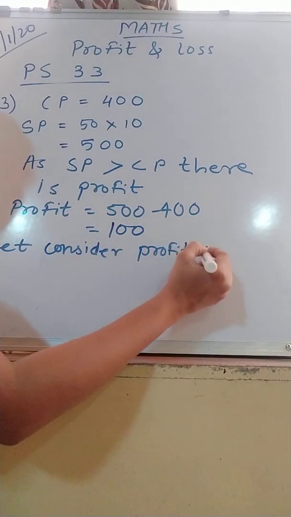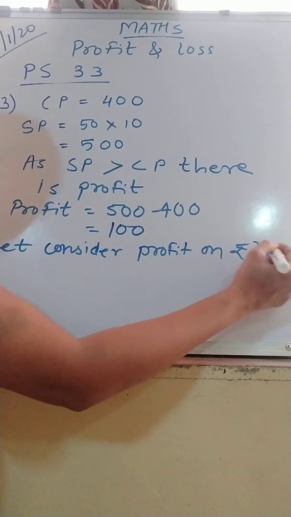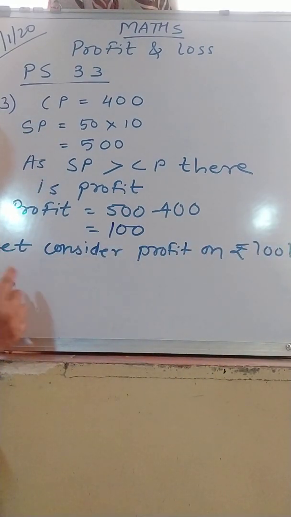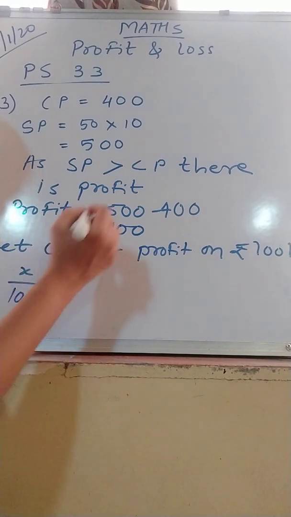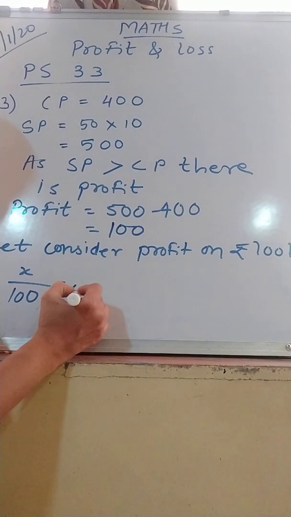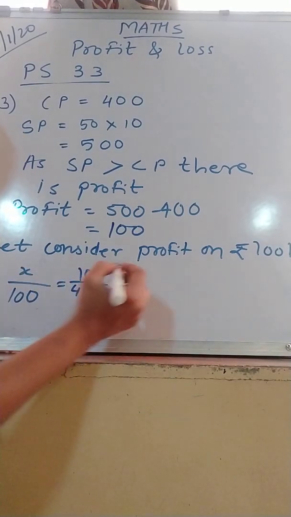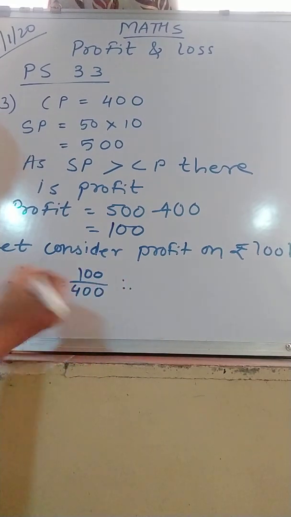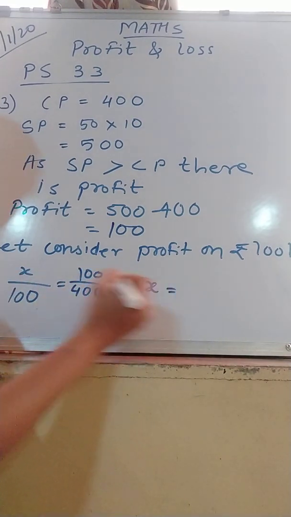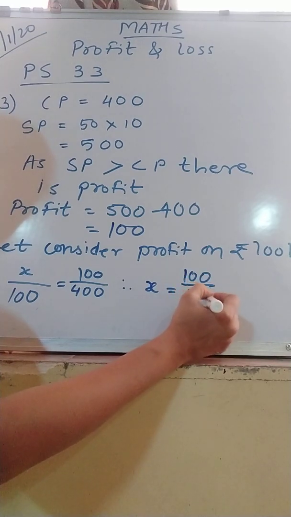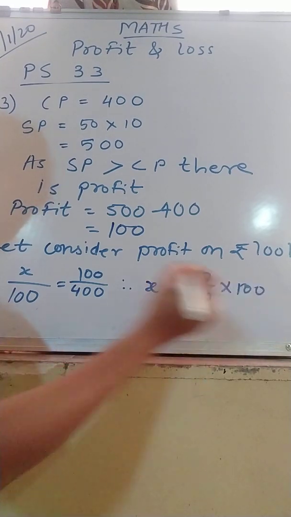profit on rupees 100 be X. Therefore on 100 rupees X is the profit, and on 400 my profit is 100. After removing 100, X is remaining, and 100 multiply upon 400 multiply by 100.